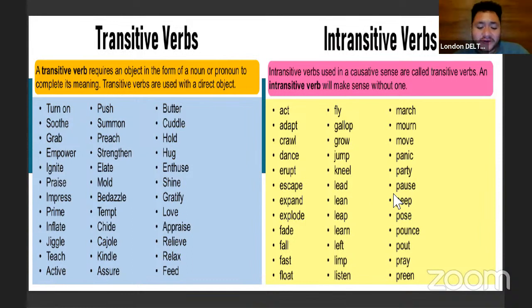Okay, so elate, you could say, my friends elate me every time I see them. Mis amigos me alegran cada vez que los veo. And peep, so would say like the spy was peeping, que bueno, sonaría raro, ¿no?